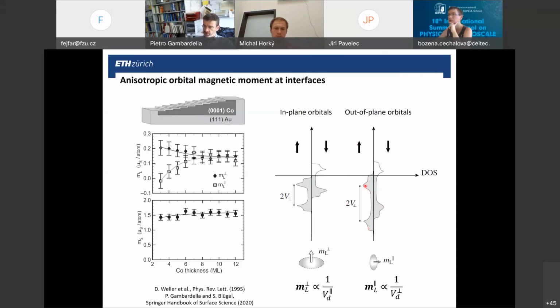Okay, so this gives a large density of states for the states that extend perpendicular to the interface, and a smaller bandwidth for the states that extend parallel to the interface. And because the orbital moment is then proportional to the inverse of the bandwidth, right? This is the more atomic-like picture. We have a stronger out-of-plane orbital moment than in-plane. And this gives this anisotropic behavior.